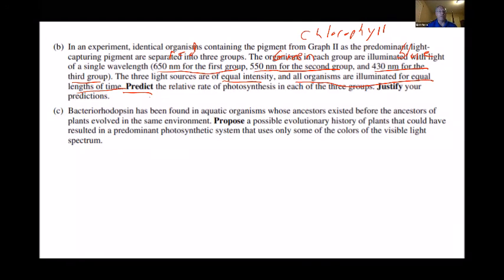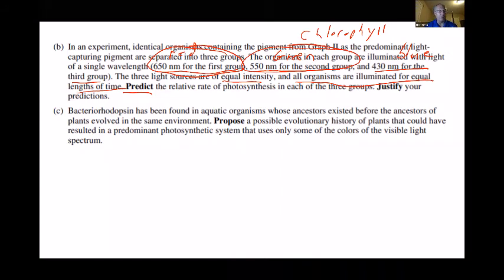The plant that would do photosynthesis second fastest would be the plants exposed to red light, 650 nanometer light, because that's the second best wavelength of light that plants absorb. And therefore plants that are exposed to that get the second most energy and can do the second fastest photosynthesis. Finally, the plants in the 550 nanometer group, the green light group, essentially reflect all that light.